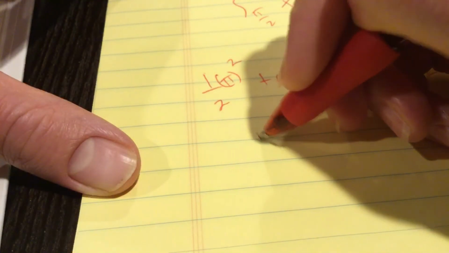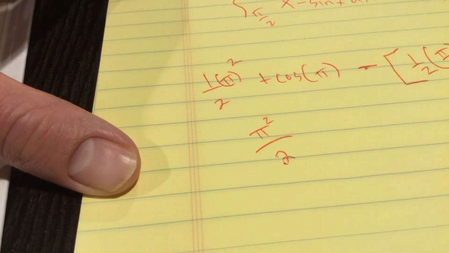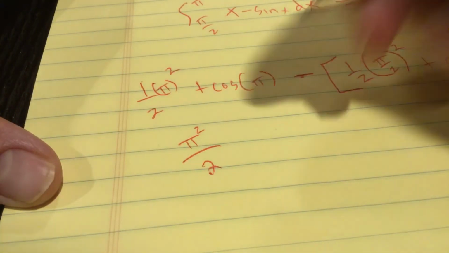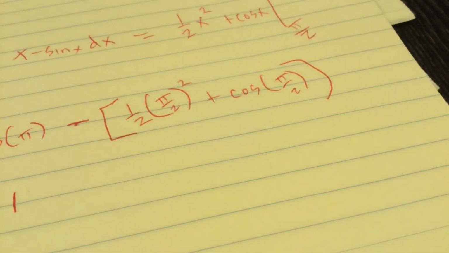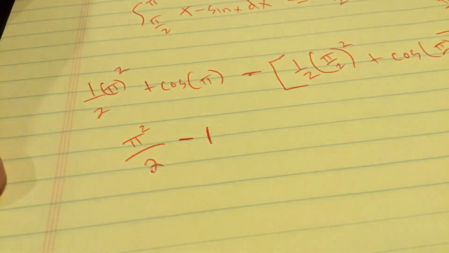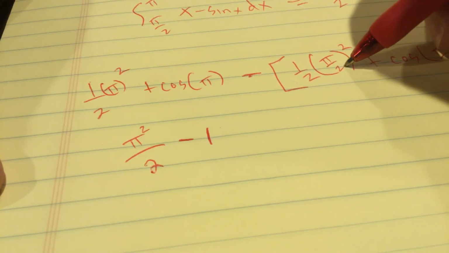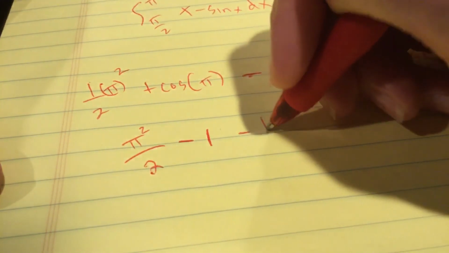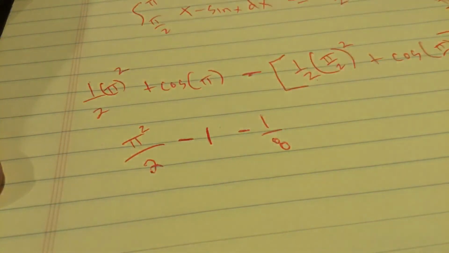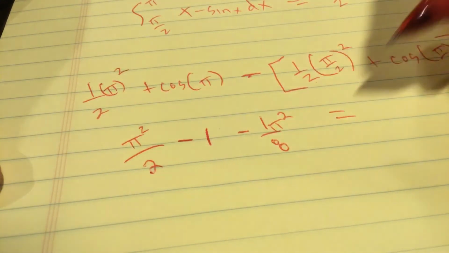This would simply be pi squared over 2, right? Minus 1. Cosine of pi over 2 is 0. This right here would be, so you're going to square 2, get 4. 4 times 2 would be 8 pi squared.